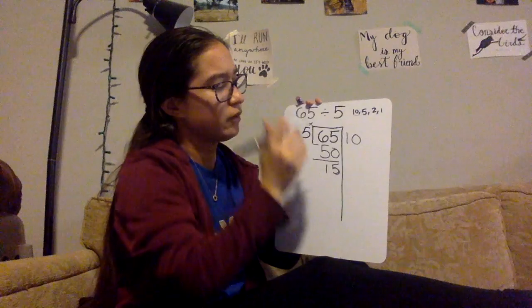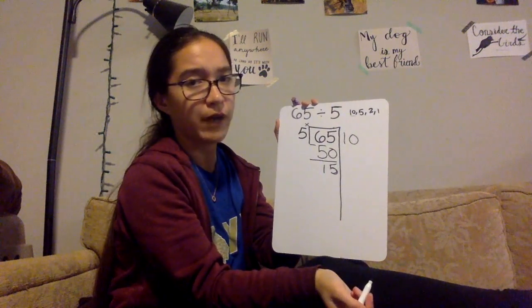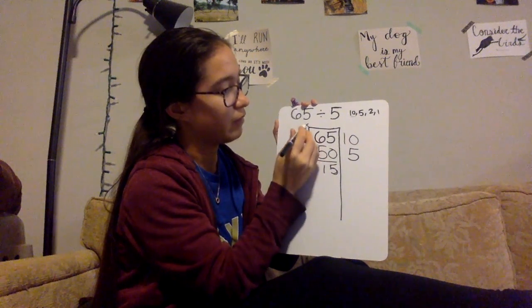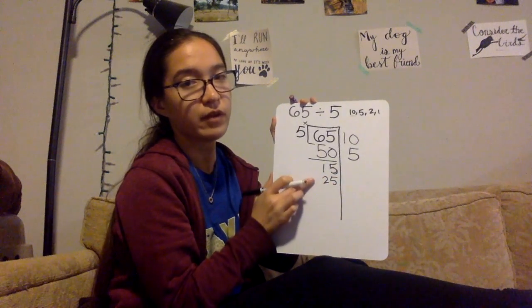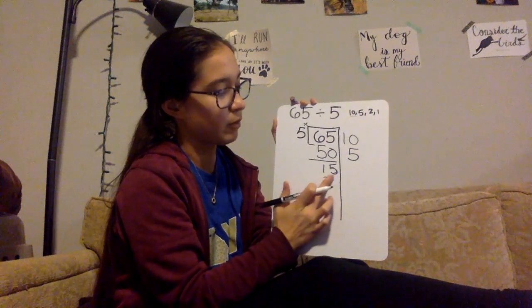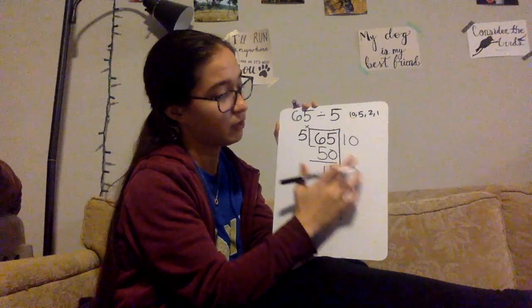Okay. I know that 50 is going to be too big, so I don't want to try 10 again. Maybe I'll try 5. So I can put a 5 down. 5 times 5 is 25. Uh-oh! 25 is bigger than 15, so I know that 5 won't work. So I'm going to remember to erase the 25 and remember to erase my 5 because it didn't work.